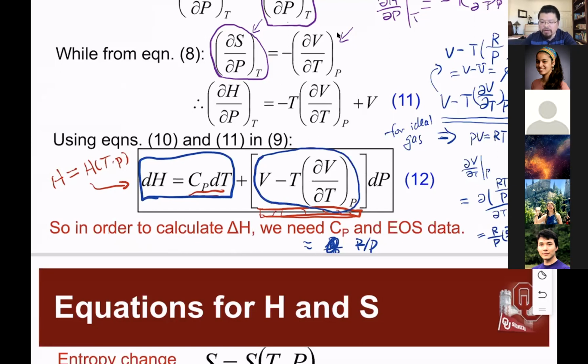So this is why we get rid of the pressure dependence for ideal gas in the enthalpy calculation. And we will use this idea to understand the following residual property calculation. This is what I want to warn you is actually coming.